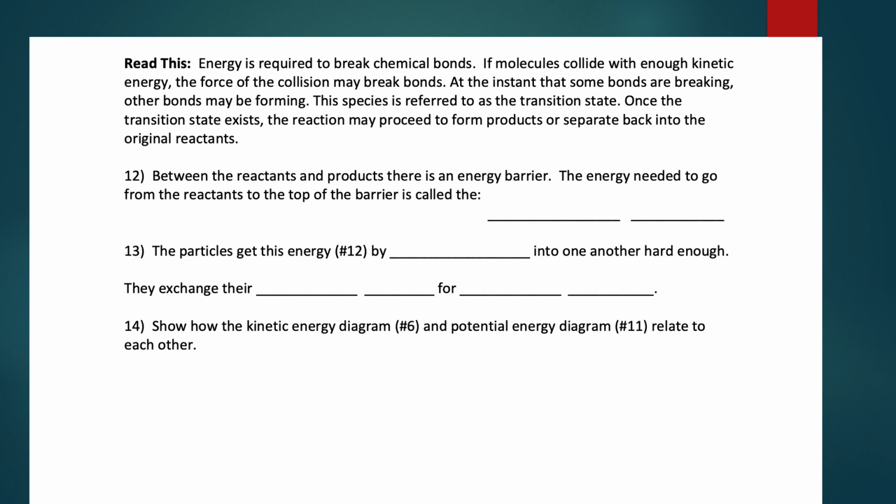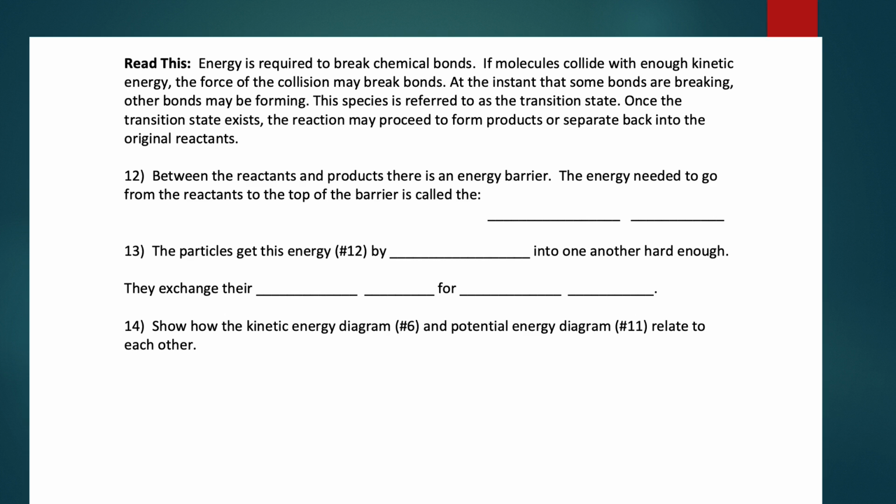So between the reactants and the products, there is an energy barrier. The energy needed to go from the reactants to the top of the barrier is called the activation energy. The particles get this energy by colliding into one another hard enough. They exchange their kinetic energy for potential energy.